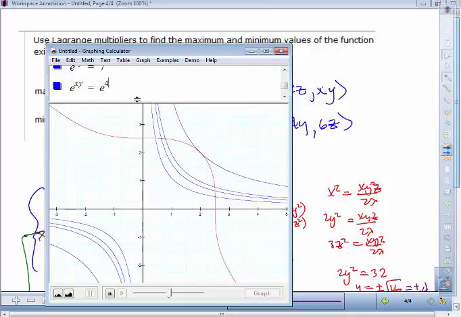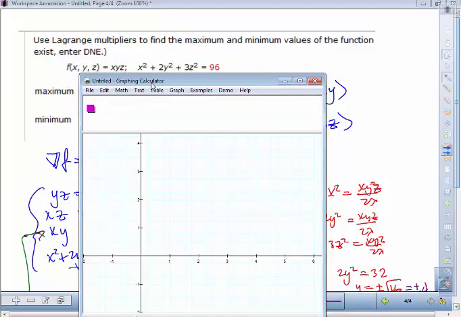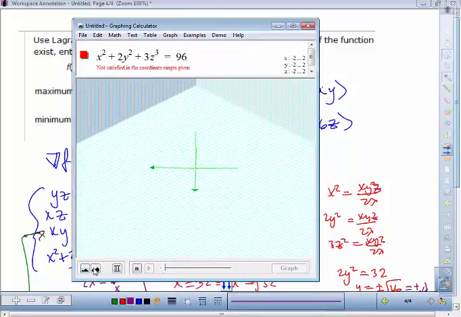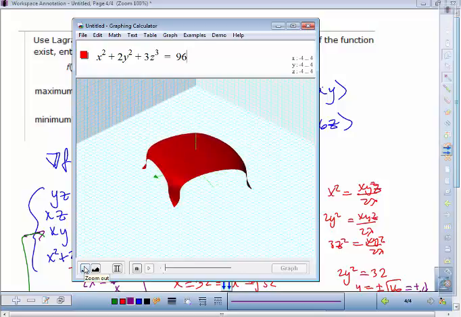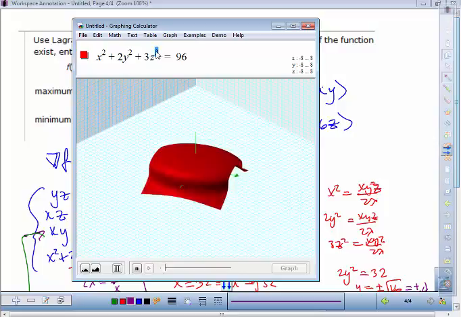So let's see. I'll do the constraint first, x squared plus 2y squared plus 3z squared equals 96, and this looks like it's a big number, so we're probably not going to see it initially until we zoom at a particular space.